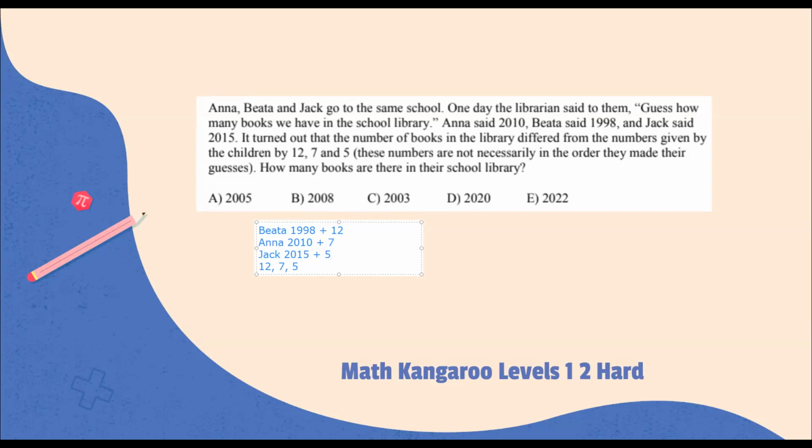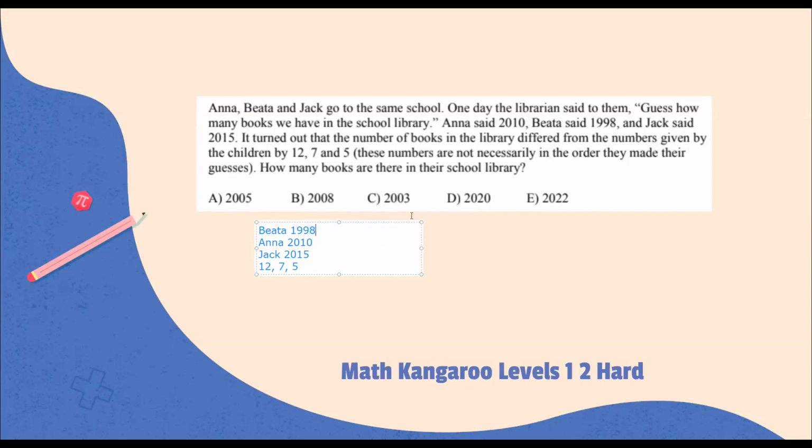But what ends up happening is you get 2010 over here, you get 2017 over here, and you get 2020 over here, so they don't match up. So clearly that does not work.